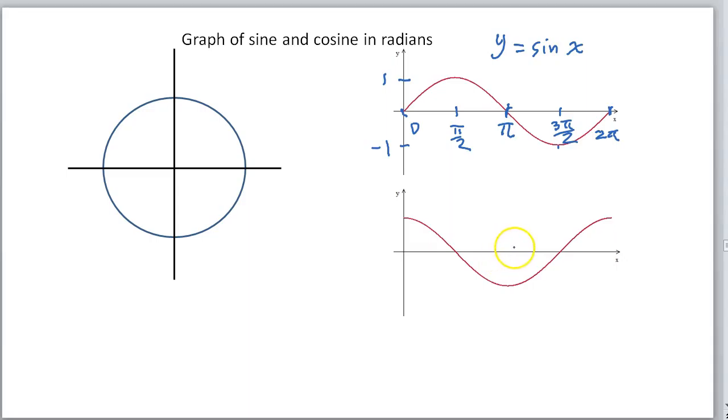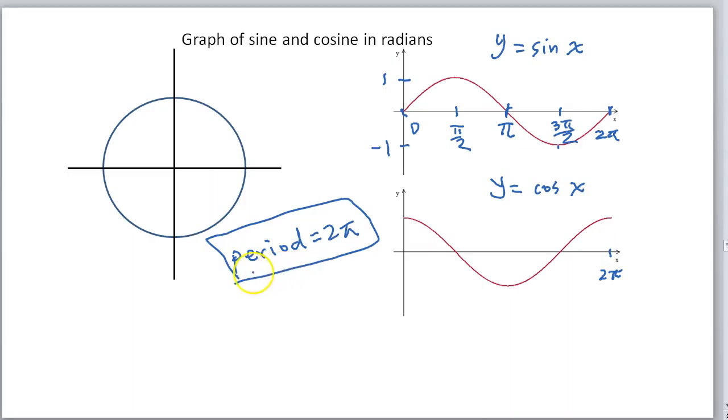Okay, I think the best way to go about drawing the graph of y equals sine x or cosine x is to actually remember that the period of sine x and cosine x is 2 pi. 2 pi is 360 degrees, but just remember that the period is 2 pi.